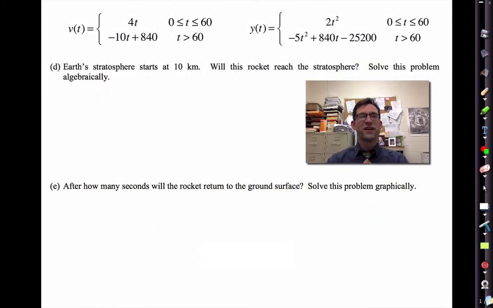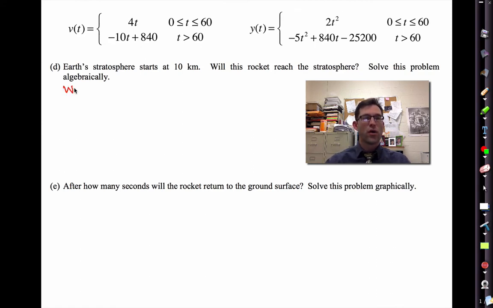This is fun. Letter D says Earth's stratosphere starts at 10 kilometers. Will this rocket reach the stratosphere? Solve this problem algebraically. Well, best case scenario, in order to figure out whether it reaches the stratosphere, we'd like to know the height of the rocket when it changes direction, right? When it starts to fall.